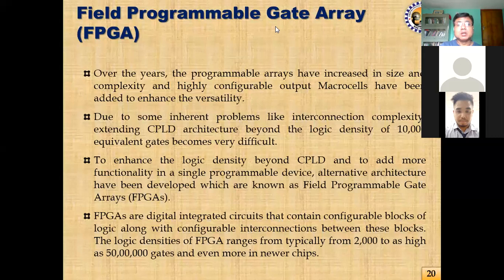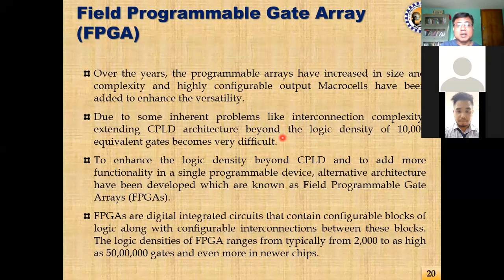Now, CPLD has certain limitations. You see, CPLD architecture beyond a logic density of 10,000 equivalent gates becomes very difficult. The reason is the interconnection complexity, because the interconnection matrix that we have seen in the middle of the CPLD block becomes so complex that managing it is a Herculean task.